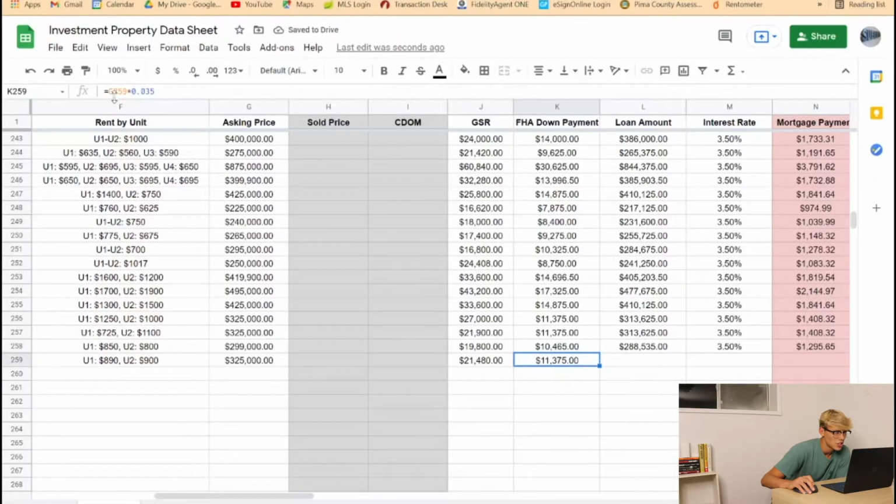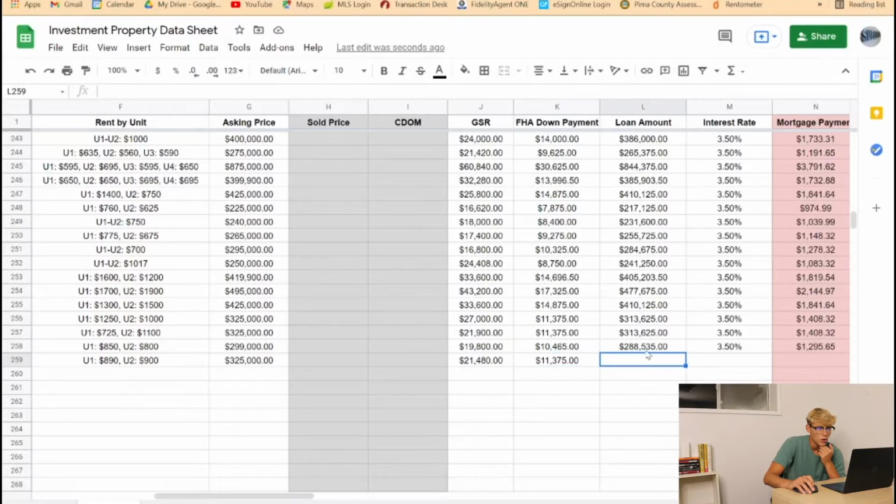As you can see, G259, which is this cell here, the asking price, multiplied by 3.5%. So all it's doing is calculating what 3.5% down would be at this asking price, which is $11,375. So using the FHA with the 3.5% down, we can estimate that we're going to have to put down $11,000.